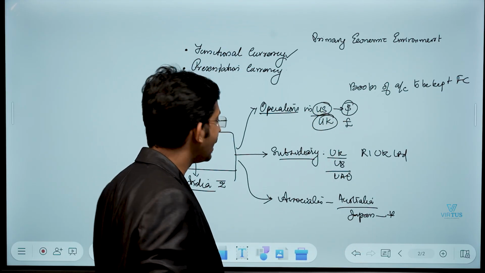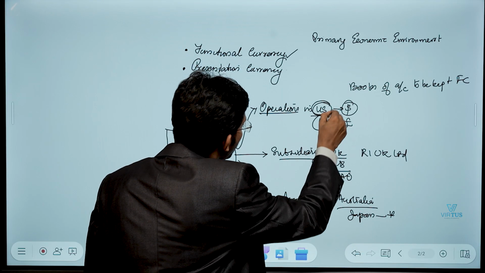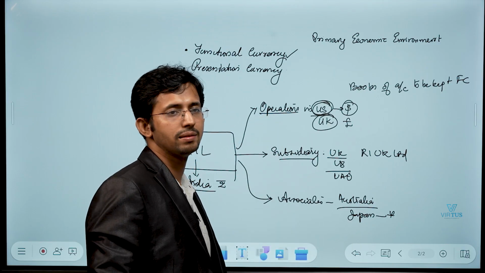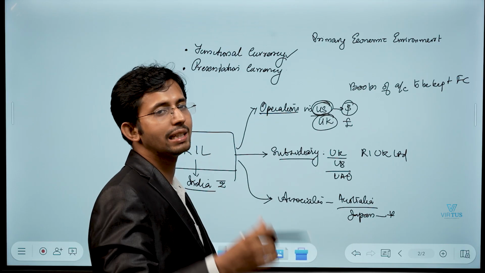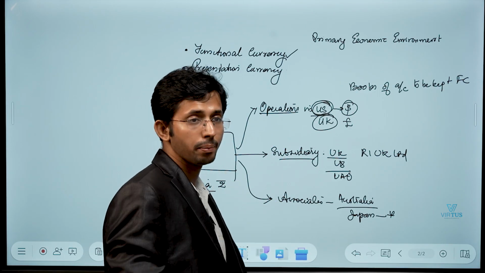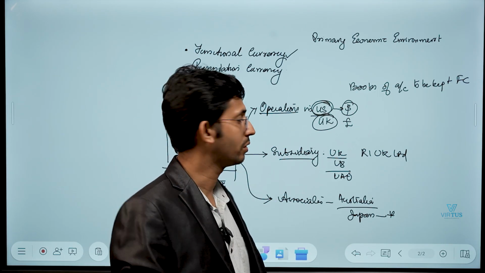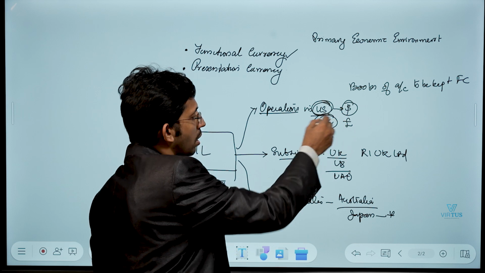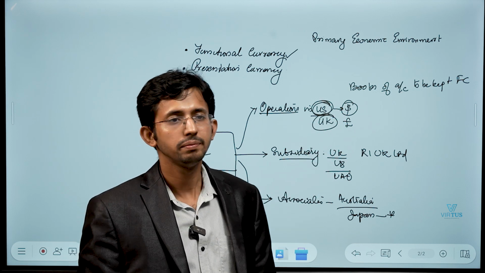Here when we talk about an entity, the entity will be specified to the US entity, or that operation, that itself is an entity for the purpose of IND AS 21. So the primary economic environment in which that entity operates. So that means US dollar, pound, etc.